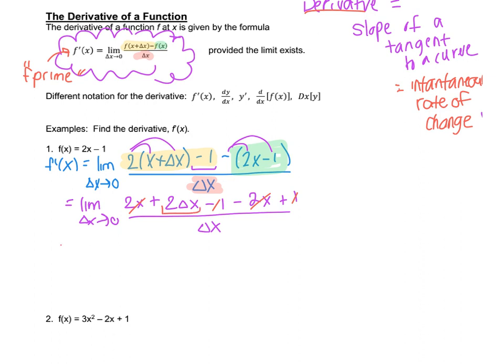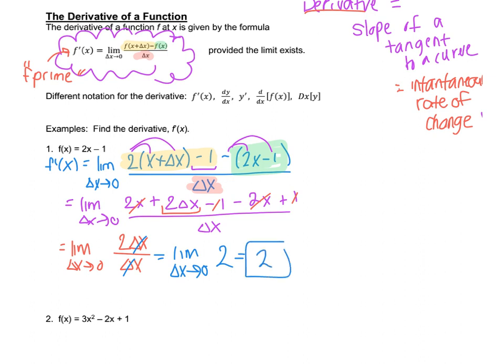So as I continue simplifying this, I've got the limit as delta x approaches 0 of 2 delta x over delta x. Delta x over delta x is just 1, so this is actually the limit as delta x approaches 0 of 2, which is always 2.